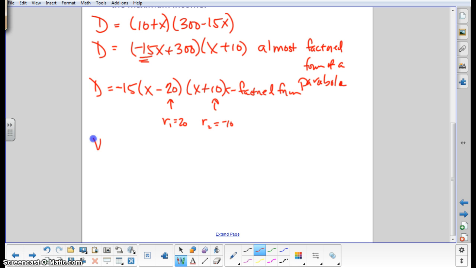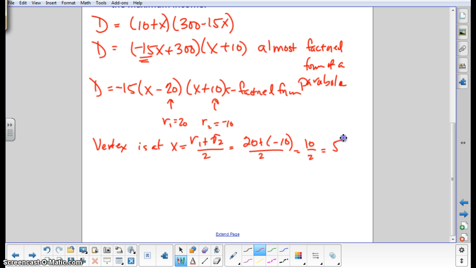So the vertex of the parabola is at x is equal to R1 plus R2 over 2, which is 20 plus a negative 10 over 2, which is 10 over 2, which is 5. So the vertex is at 5.